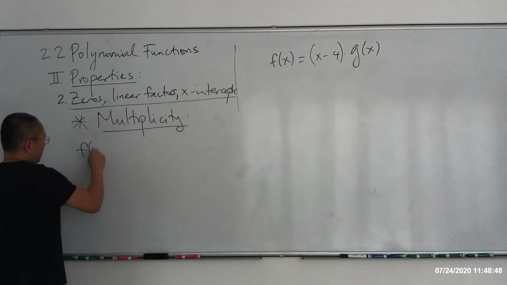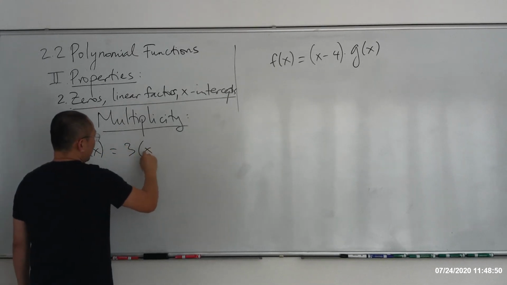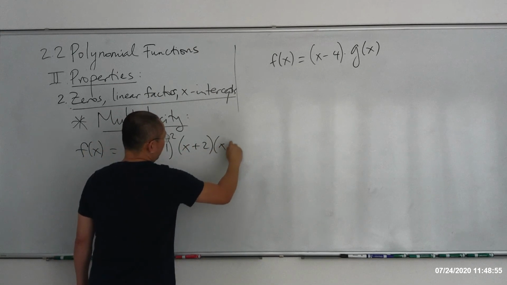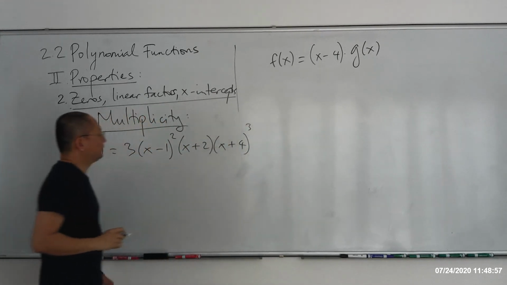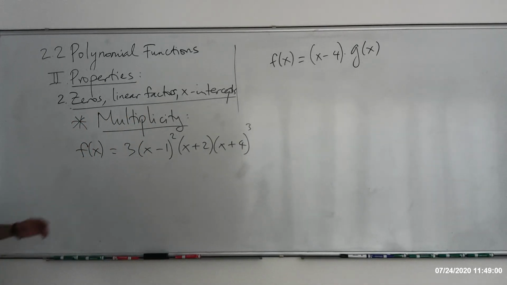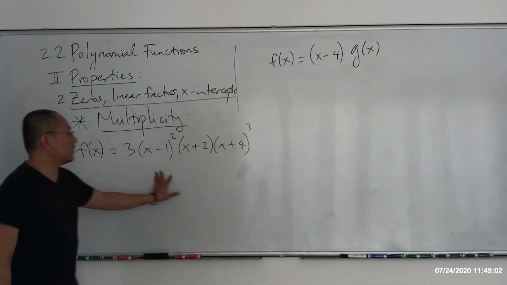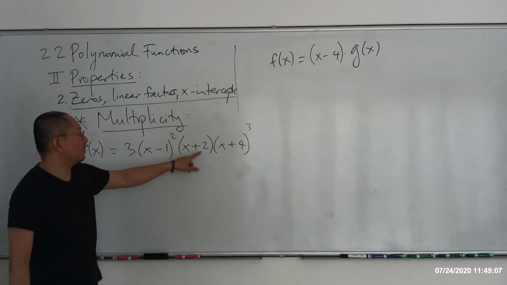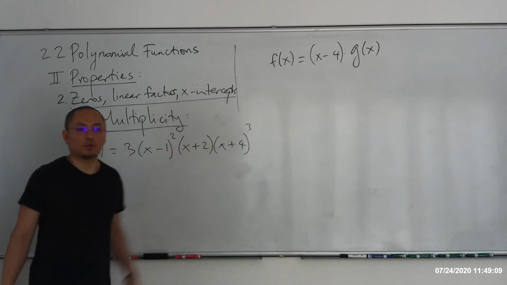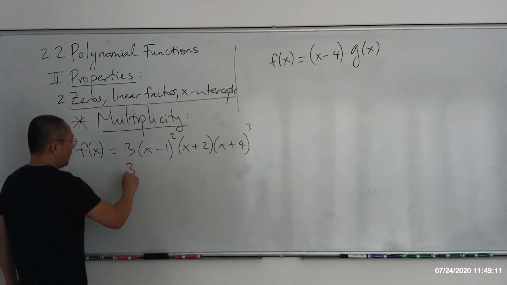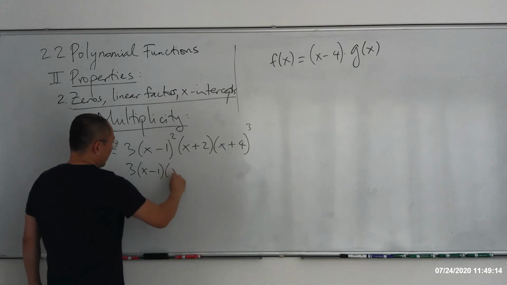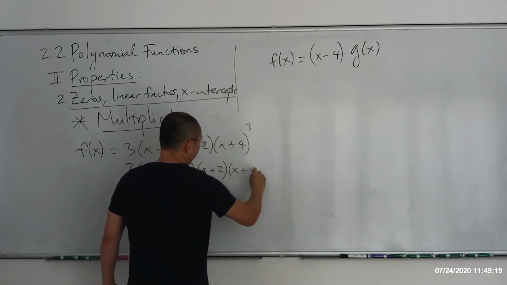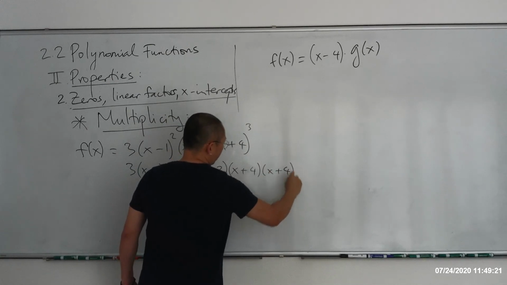Say f of x equals 3 times (x minus 1) squared times (x plus 2) times (x plus 4) raised to the 3rd power. Okay, so in this example, I actually factored everything out for you. You see (x minus 1) squared, (x plus 2), and then (x plus 4) cubed, right? So we can actually write it this way: (x minus 1)(x minus 1)(x plus 2)(x plus 4)(x plus 4)(x plus 4).